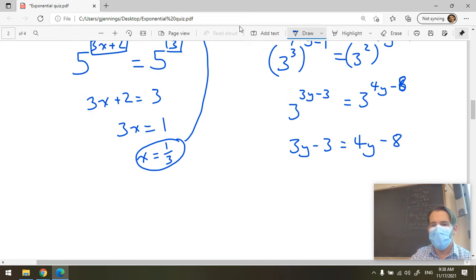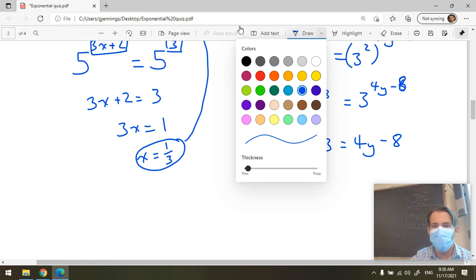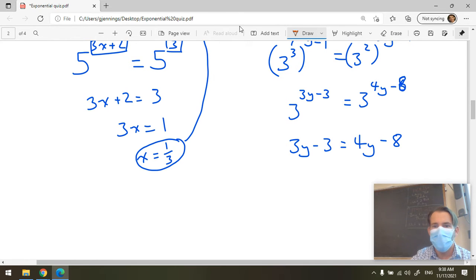Okay, so now I'm going to isolate my variable. And I see I could move all the y's over here. I could subtract 4y from both sides to get negative y over here. Or I could subtract 3y from both sides and get positive y over here. That sounds easier. So let's do our inverse operations this way. Let's move the y's to this side by going minus 3y from both sides.